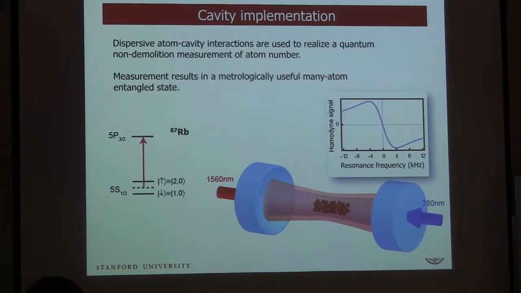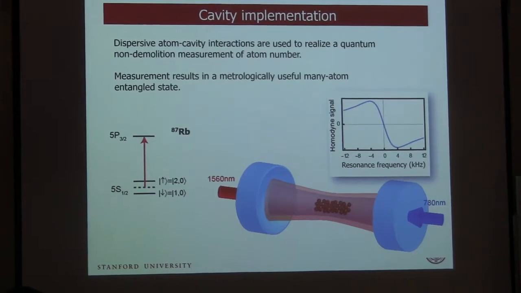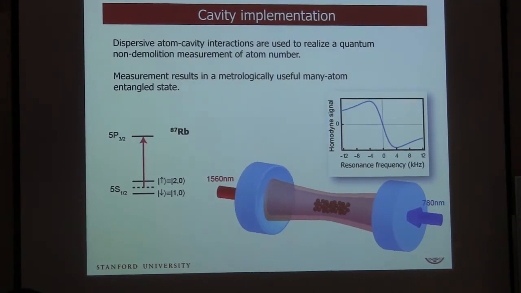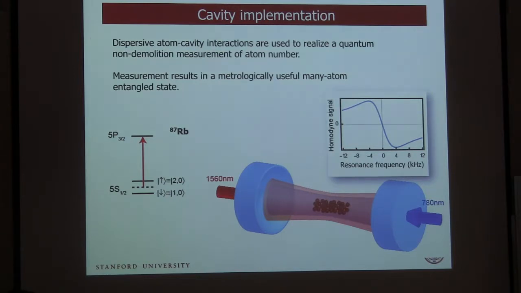By going to a regime where that probe beam passed through the ensemble multiple times, we got into a limit where we were able to measure something we cared about, namely the number of atoms, without destroying something we cared about, namely the atomic coherence.